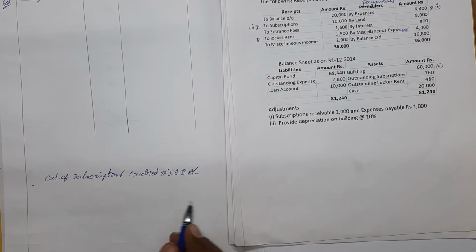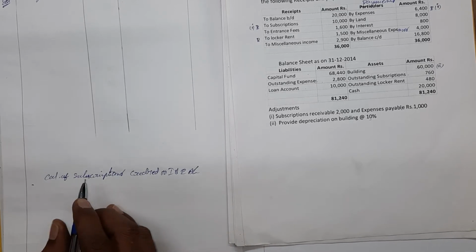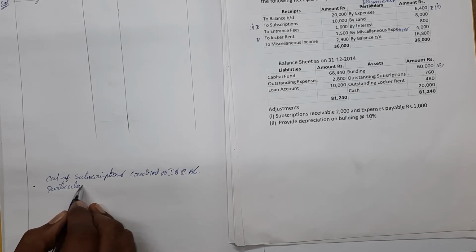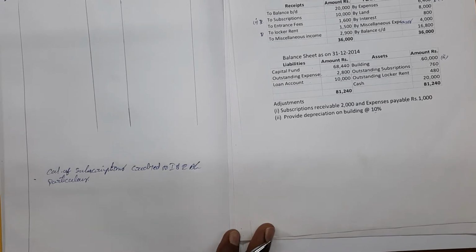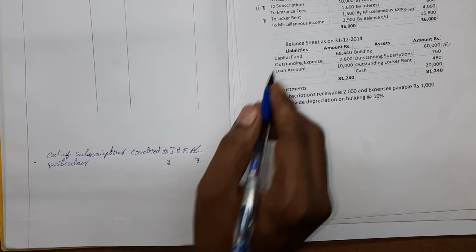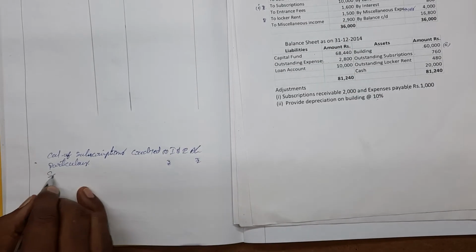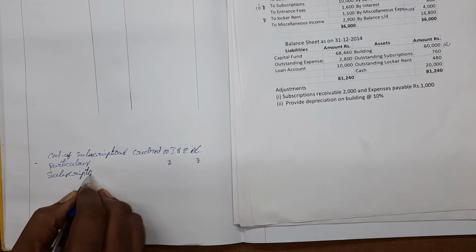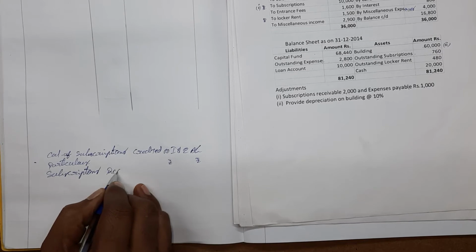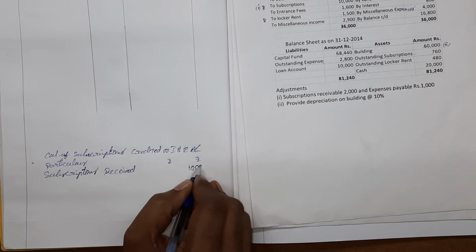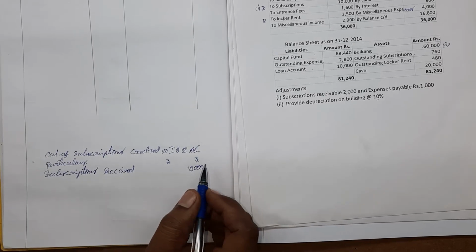So the subscription amount should be calculated, that is particulars. In subscriptions received, the received amount is 10,000 rupees. You can write it like this.